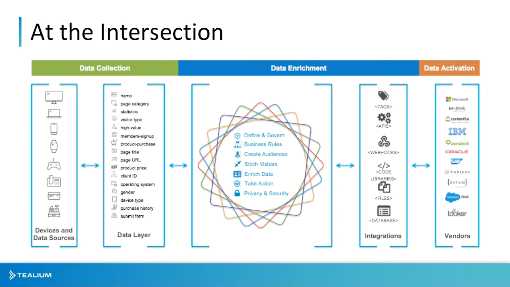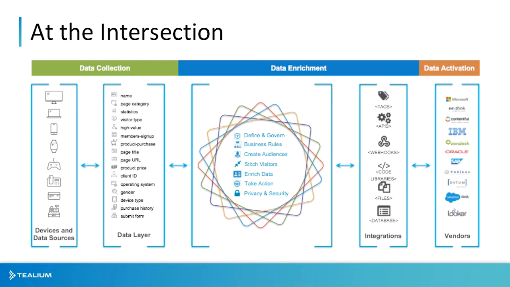If it's a browser, a mobile app, an iWatch, a point of sale system, it doesn't matter to the CDP. All that data arrives. And the key way is that data layer that you see right there in the middle of data collection. That data layer represents a kind of proxy between what's happening in real time and what you need in your organization.